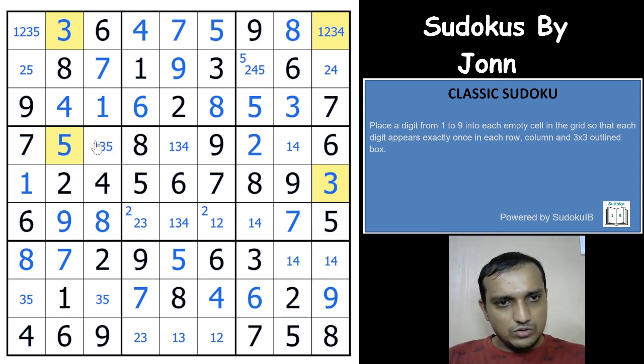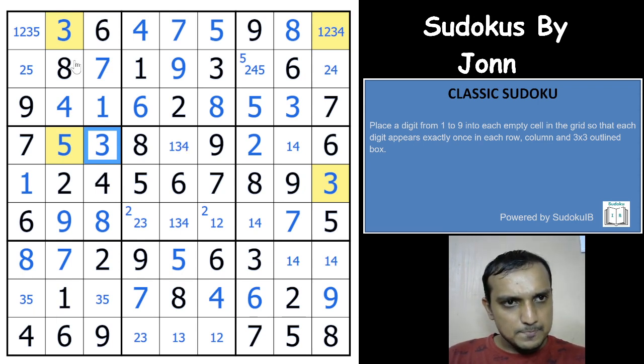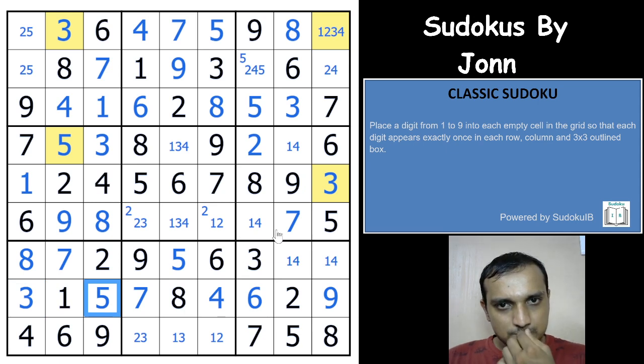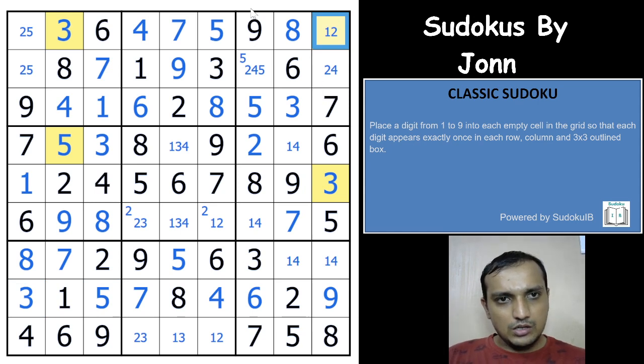That gives you a 3 here. 1 and 3 are gone here, 2, 5 pair, so that gives you a 3 and a 5 here. That removes 3 from this cell, 4 from this cell. This 5 actually removes 5, so you get a 2 and a 5.